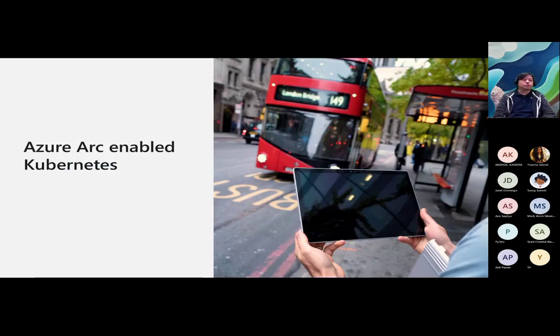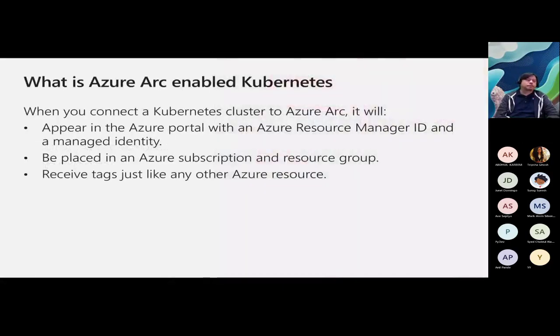And on this second part, I want to discuss a little bit more on where Azure Arc Enabled Kubernetes can help you. Okay, so let's dig into that. What is Azure Arc Enabled Kubernetes?